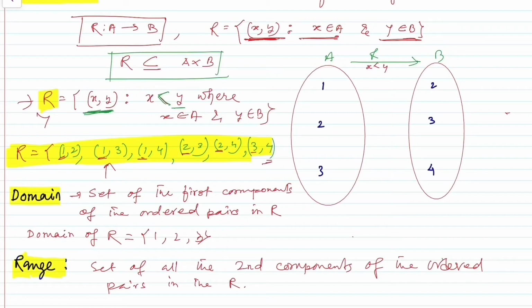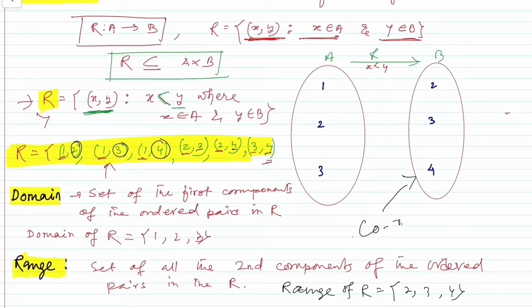The range of R will contain 2, 3, 4. Here also 3 and 4 only, so we can take 2, 3, 4. And this set B is called the codomain.